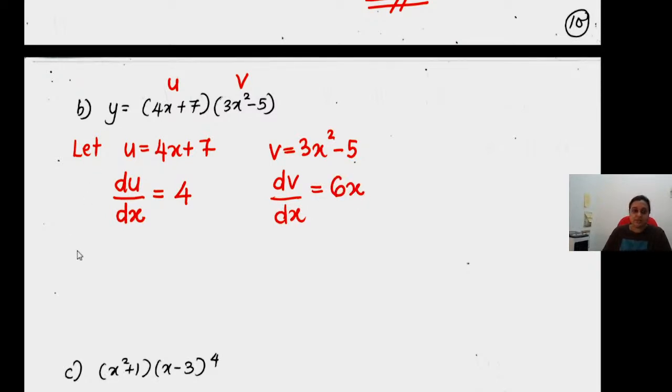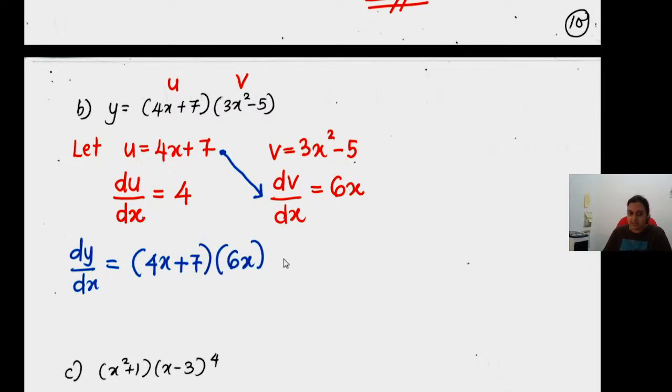Now we can do the formula. dy dx equals u multiplied by dv dx, so 4x plus 7 multiplied by 6x, plus copy the v, multiplied by du dx, so 3x squared minus 5 multiplied by 4.